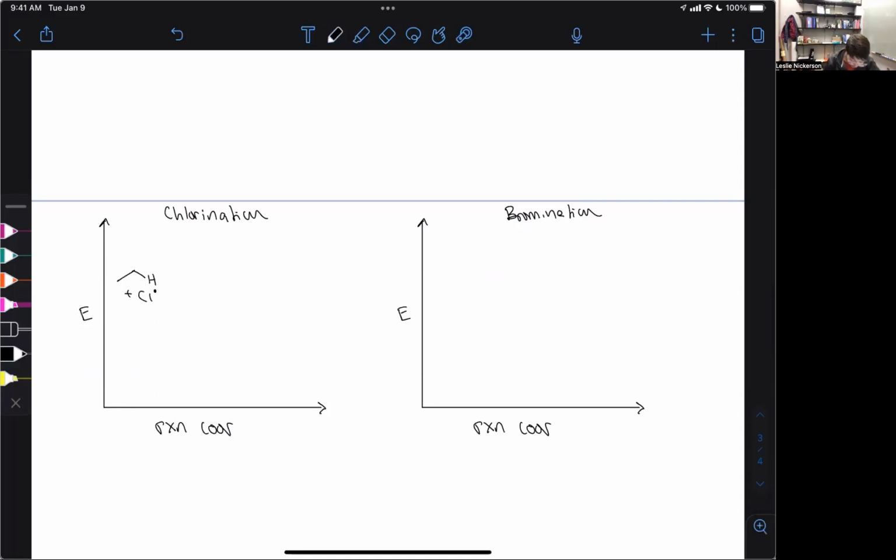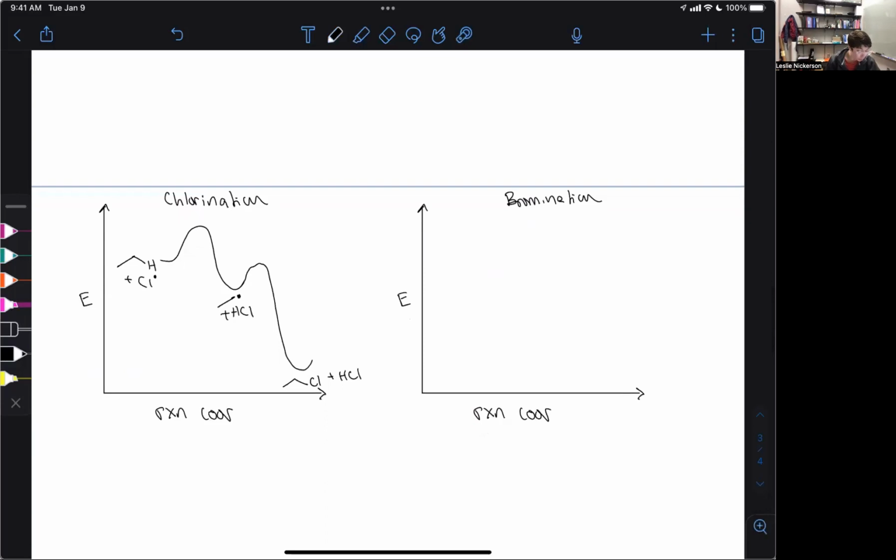So when we go up and over, we're going down into that carbon radical plus HCl. All of that is going to be lower in energy. That step is exothermic. And then we do our final step and we go way, way down overall to get to our final product, which is the alkyl halide and our HCl.